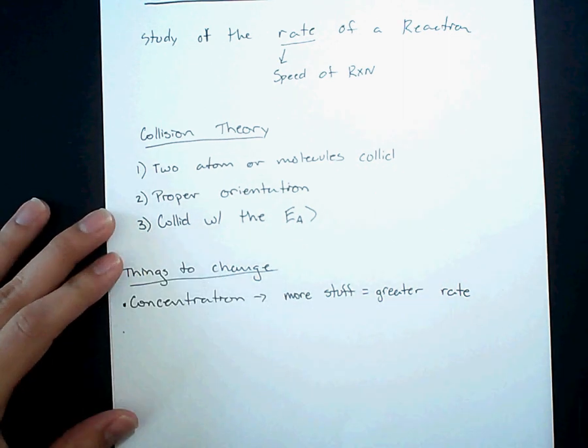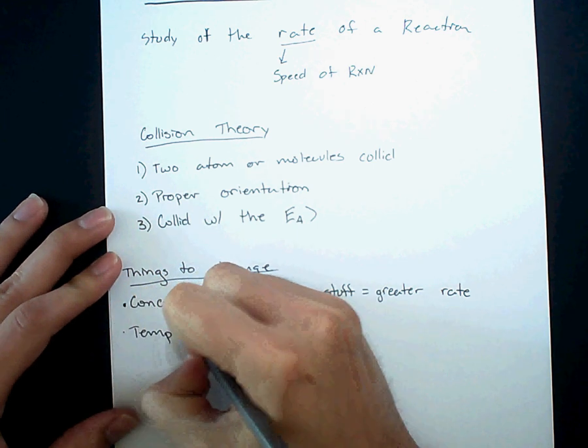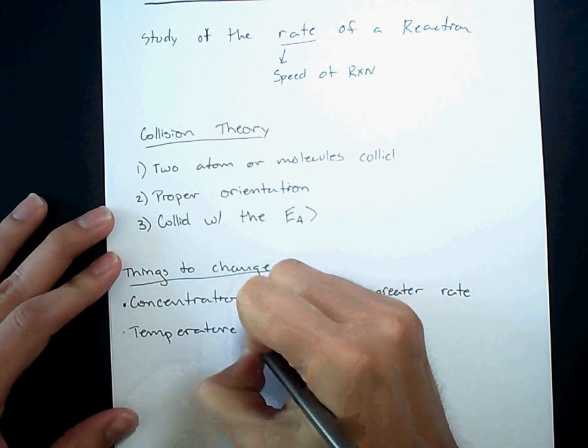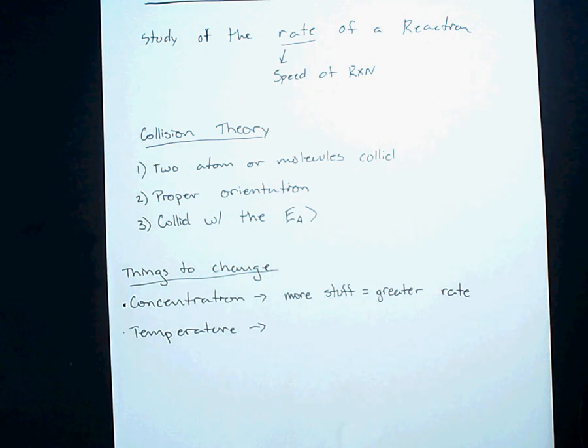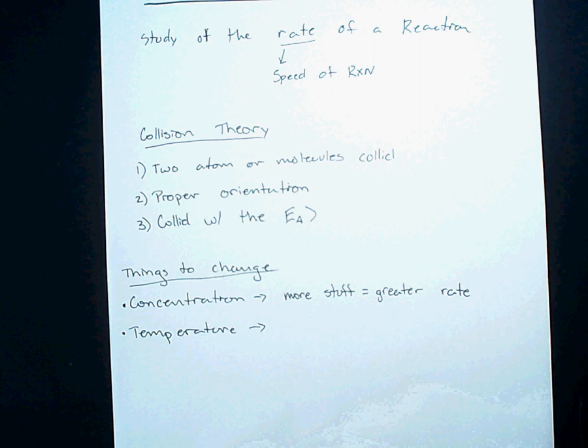Another thing that we can change is the temperature. These are probably the ones that are most commonly changed, concentration and temperature. Remember that our definition of temperature is the average kinetic energy.